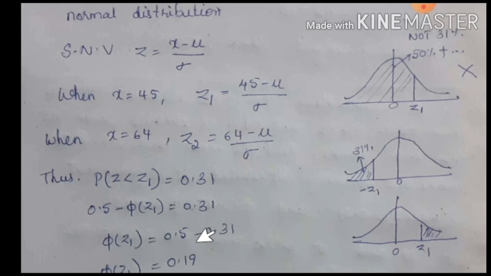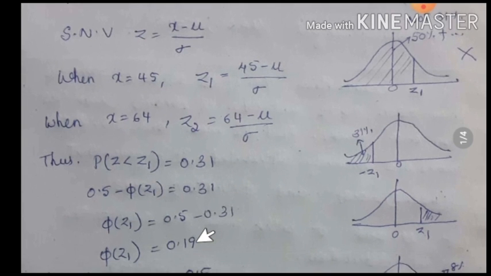So now we have obtained that the area is 19%, whereas with the given condition the area for the random variable x is 31%. But when we standardize it using the normal table, I need to find the z1 value where I am going to get the area as 19%.